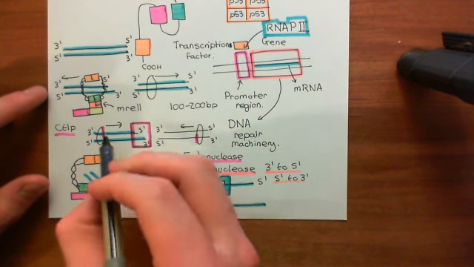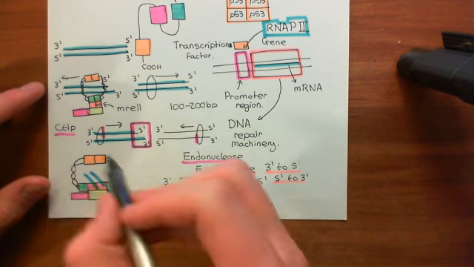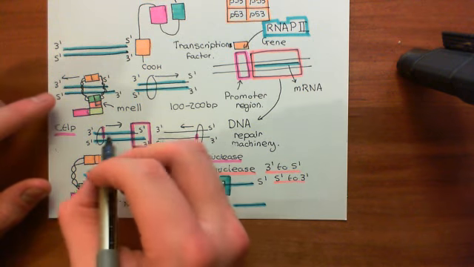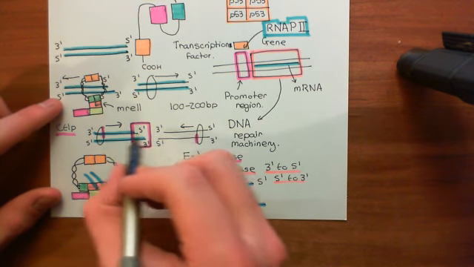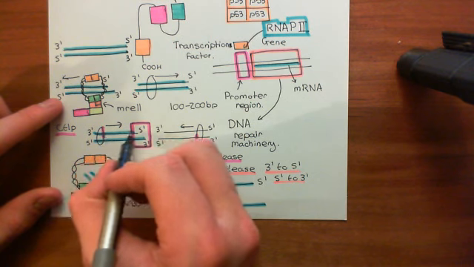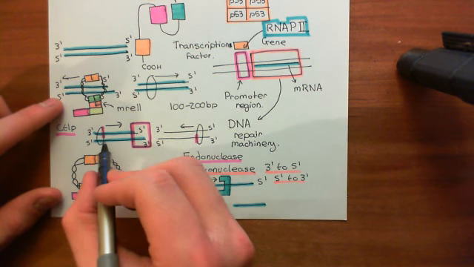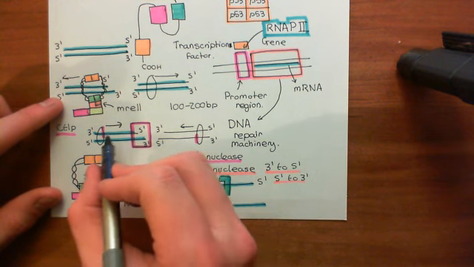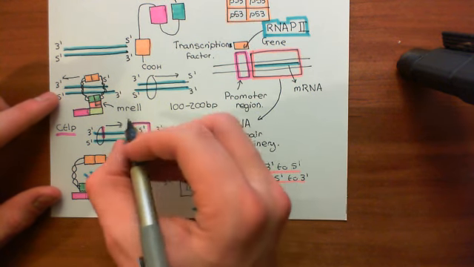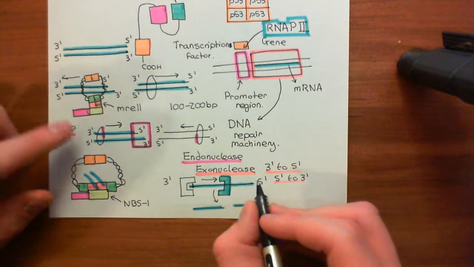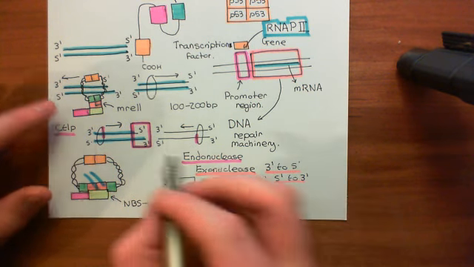The result is that it's going to completely remove this single strand of DNA here, to leave this portion completely unpaired, so it's no longer going to have a complementary strand. And this is exonuclease activity.